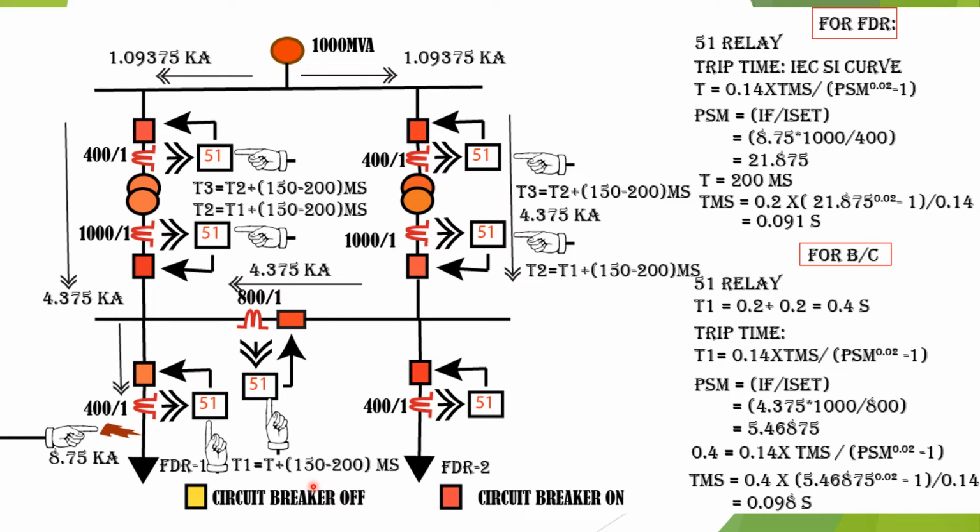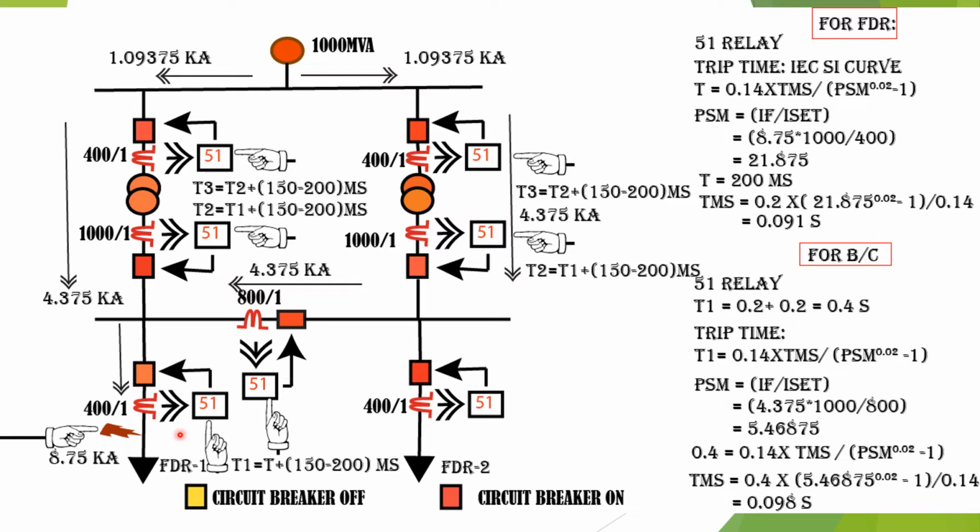So we have to calculate the value of the TMS for each of the overcurrent relays by considering a fixed time for the overcurrent relay for the feeder and a grading margin of 200 millisecond from that feeder to the bus coupler and to the upstream circuit breaker.